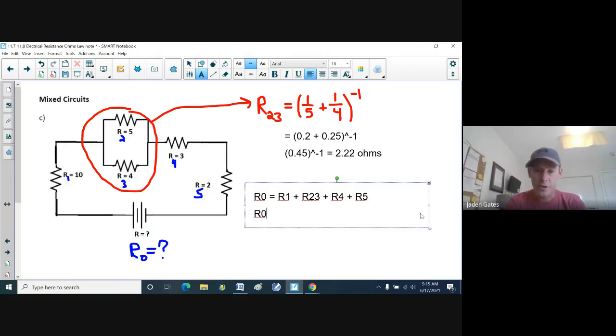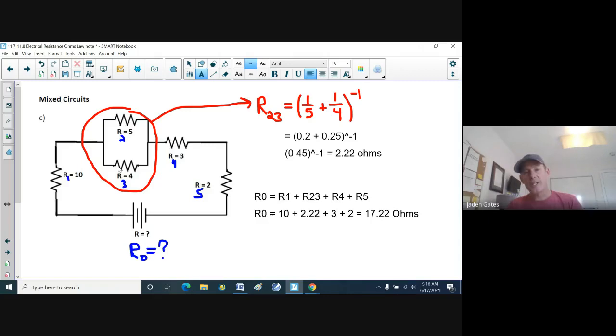So R0, we have a 1, there's a 10. We found out that R23 is equivalent to looking as it's 2.22 in series. R4 is 3, and R5 is 2. I add them all up, and I get 17.22 ohms.